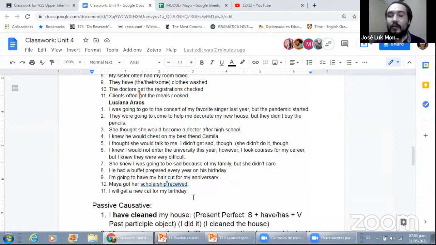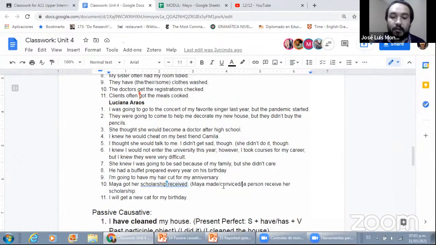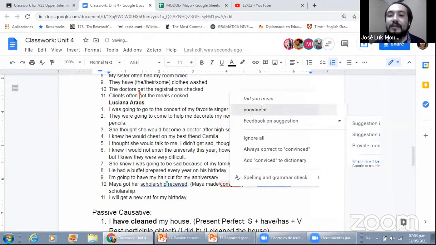When you say "Maya got her scholarship received," it means that Maya made a person receive her scholarship. That is more or less the idea you're giving. You're telling me that Maya made a person, convinced a person, or paid a person to receive.